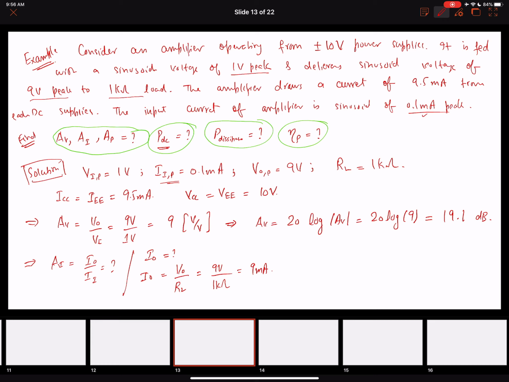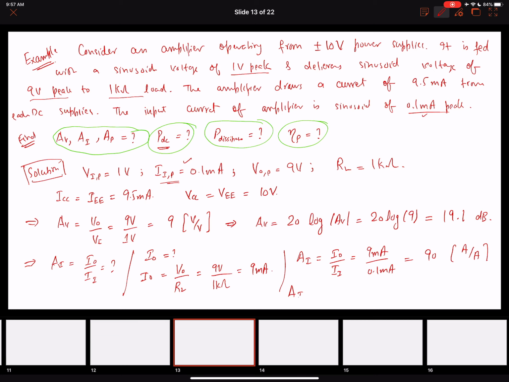After finding the value of I naught, now we can easily find the value of the current gain. It is I naught over II, so I naught is 9 milliamperes, and II, the input current, is 0.1 milliamperes. So the value that we ended up finding is 90 amperes per ampere.